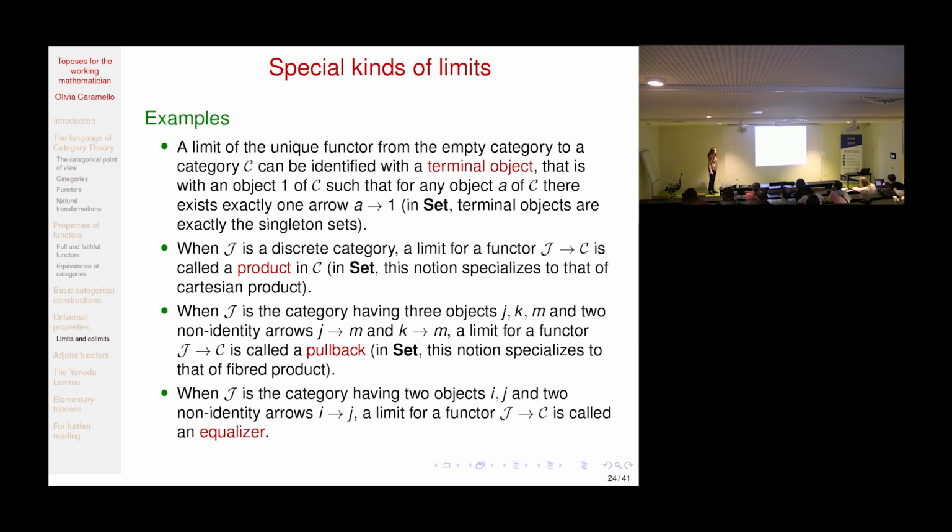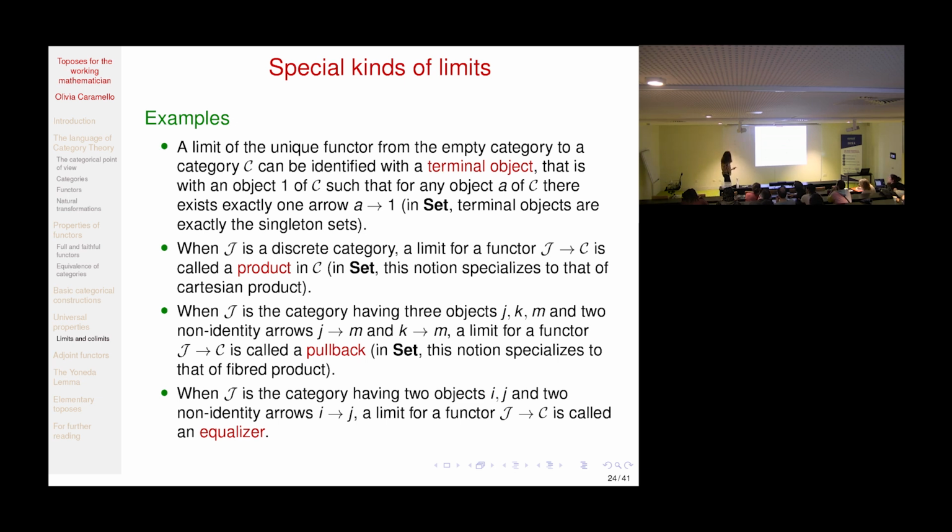And this construction also can be captured by means of a universal property, which is the following. For any arrow k such that f composed with k is equal to g composed with k, there exists a unique factorization of this arrow through this inclusion.